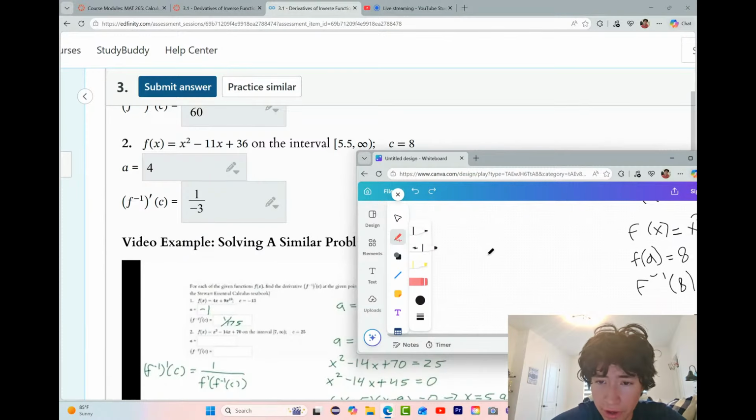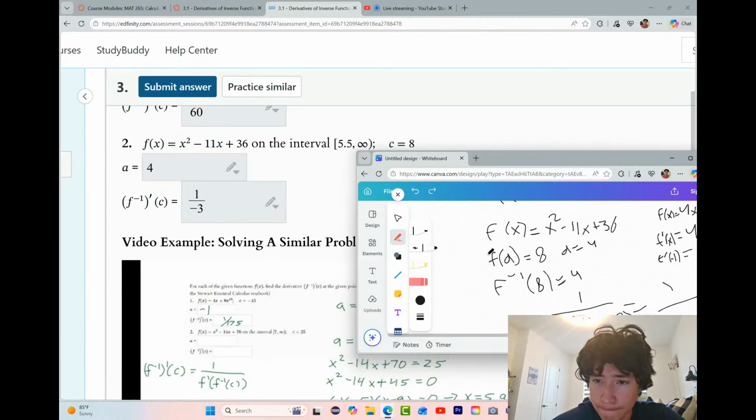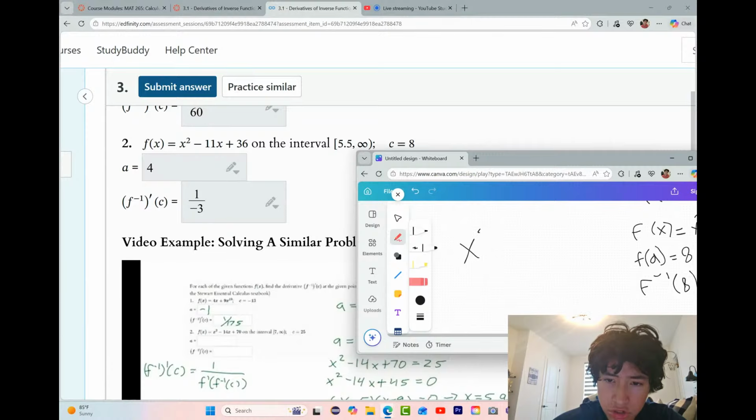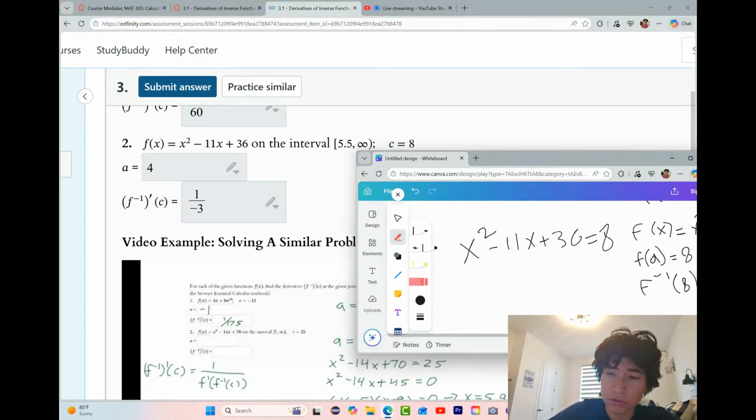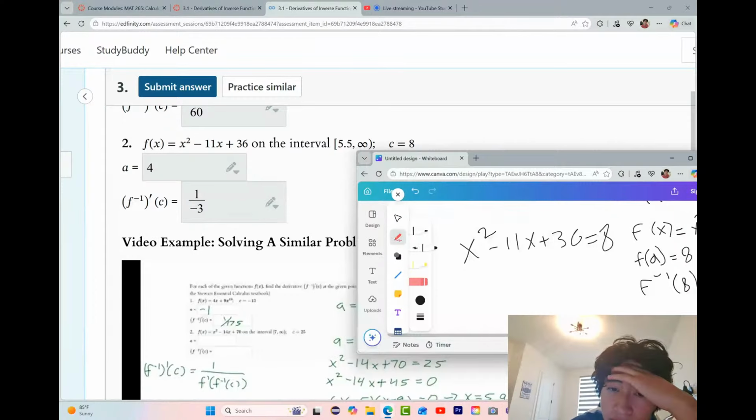So, we're trying to find, wait, so okay, x squared minus 11x plus 36. All right, plus 36 must be equal to 8. All right. How do we factor this thing?